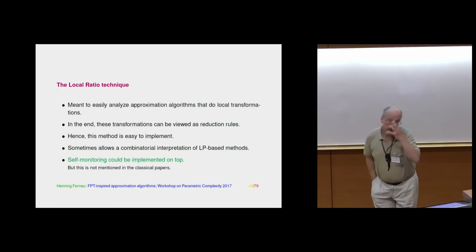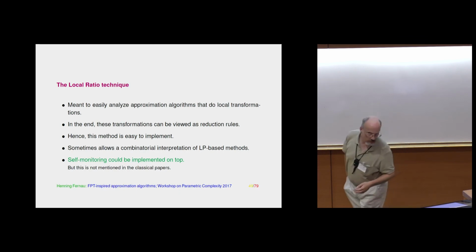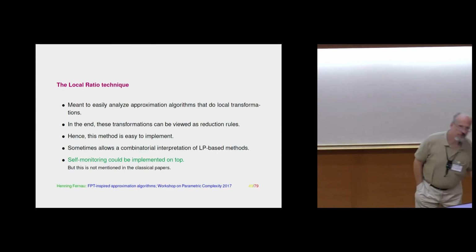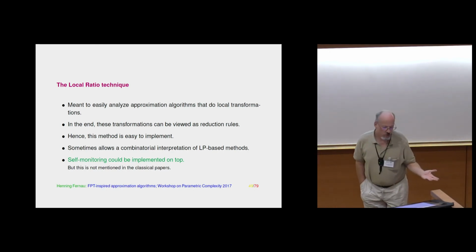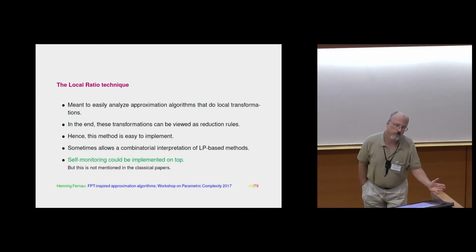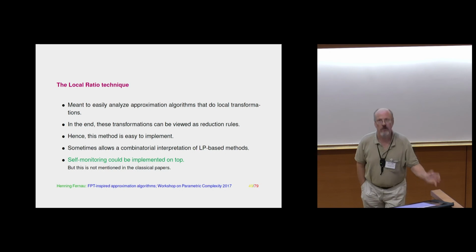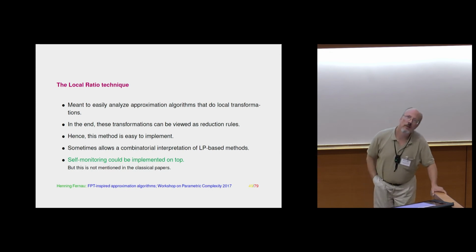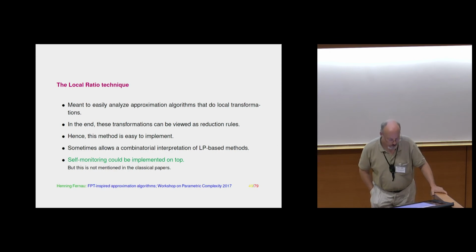I'm not going into details here, but just maybe with one example. But the idea is to give very simple approximation algorithms that do actually do some local transformations, and these algorithms are simple to trivial to analyze inductively, and the basic steps can be easily also viewed as reduction rules.